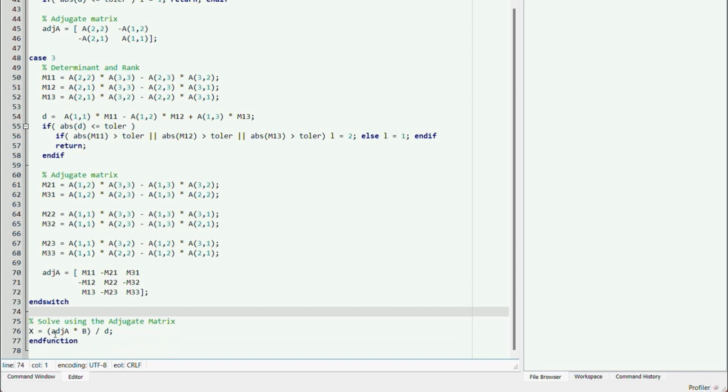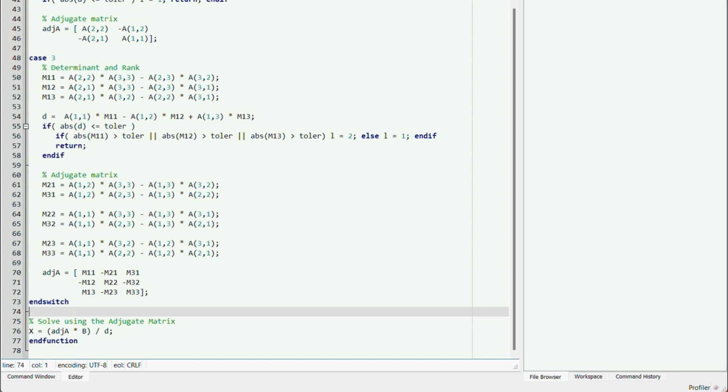The two methods are equivalent. You choose Cramer's rule or the adjugate matrix for small matrices, not for large matrices. For large matrices, both are impractical. So for small matrices, you choose Cramer's rule or the adjugate matrix, you obtain the same result.